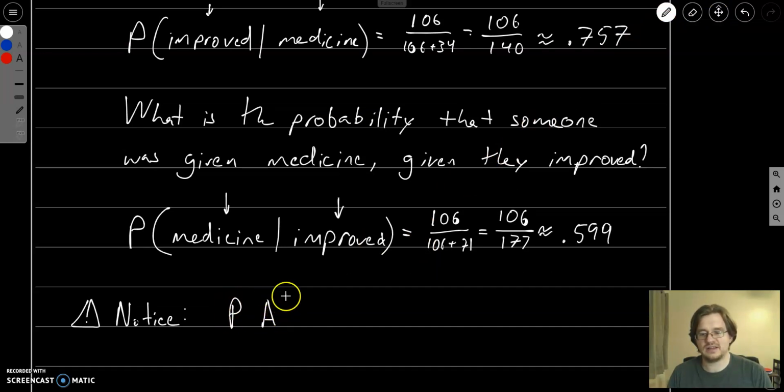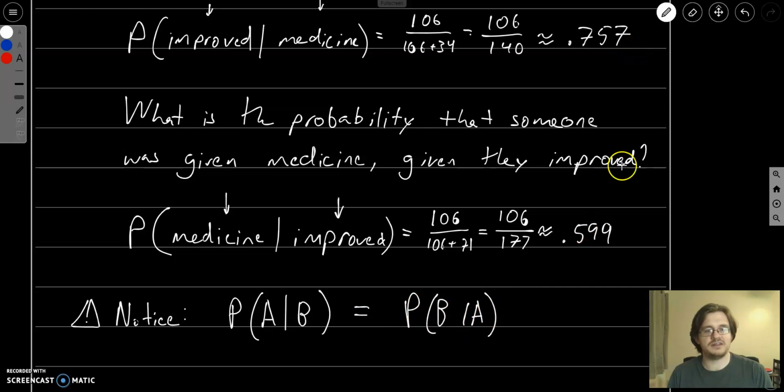So you could ask, is the probability of A given B the same thing as the probability of B given A? Well, clearly these two numbers aren't equal. So these are not going to be equal in general. They could be equal by random happenstance. It could just be random luck that they are equal. But in general, these are not equal.